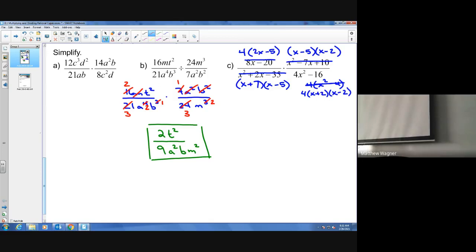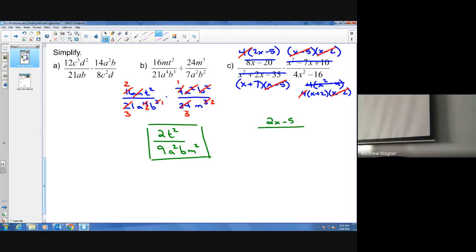All right. I notice I have x minus 2's on the top and bottom. I also notice I have x minus 5's on the top and bottom. And I have 4 on the top and bottom. So it looks like the only thing left up top is 2x minus 5.